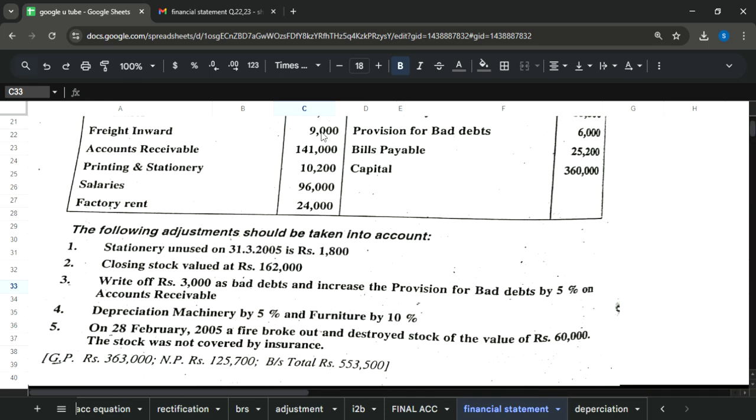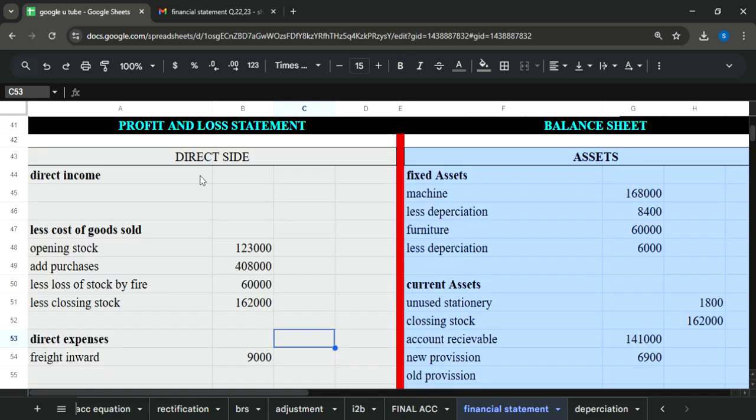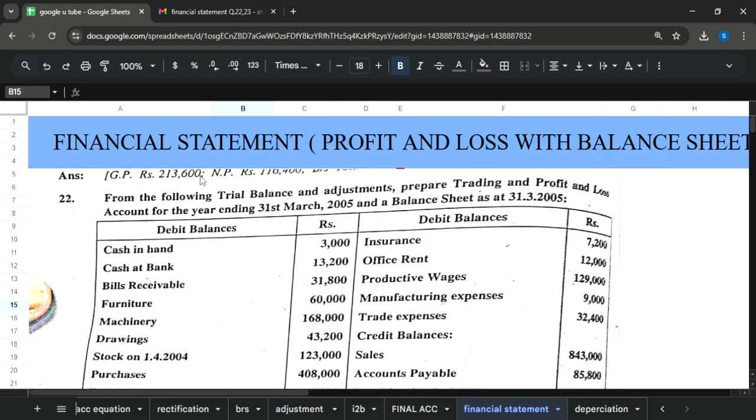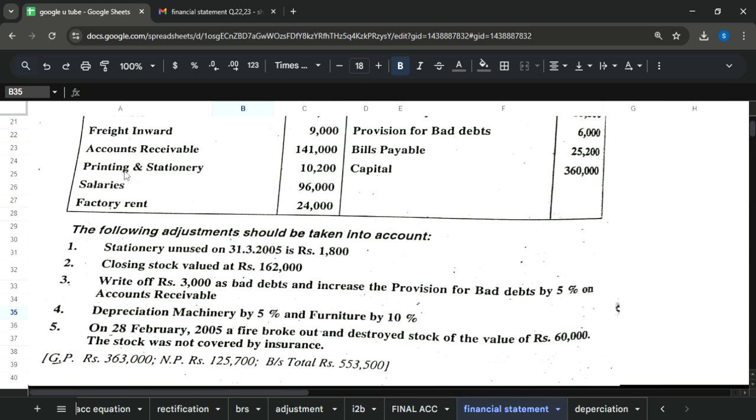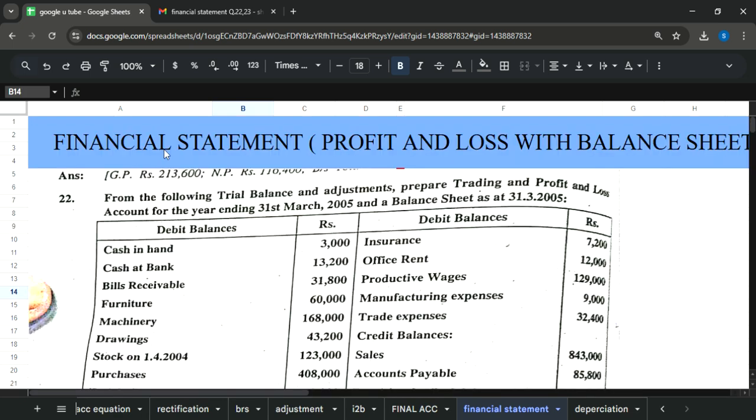After salaries we have factory rent, again direct expense. Here you will mention factory rent, amount of which is 24,000. Write down amount. Alright guys, you can see that this was the last item present on the left side. It has been completed. Now we will be focusing on the right side.